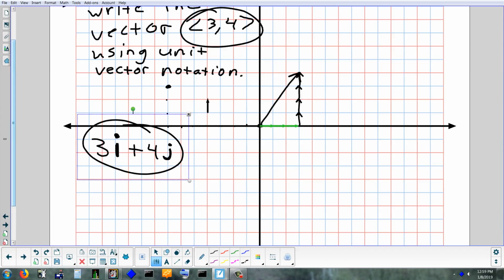Well, if you wanted to go into 3 dimensions, you would need to add one more vector. I and J could move you left and right, up and down, and then the third one we would call K could move you in and out of the board. There would be your 3D. But we only need 2 vectors because we're only doing 2 dimensions right now. Any questions on how we did that?